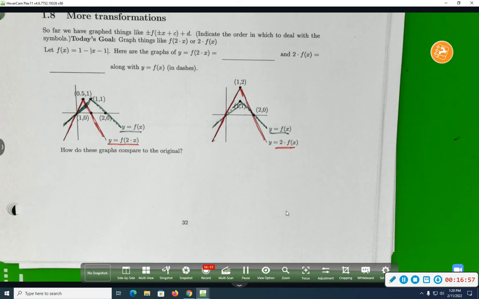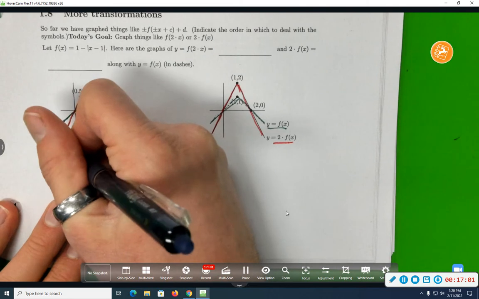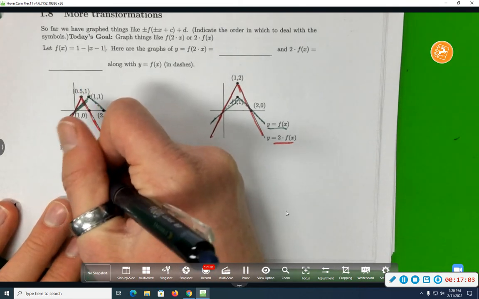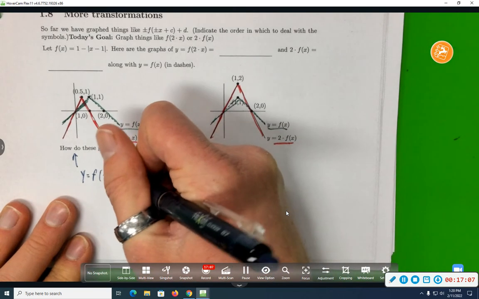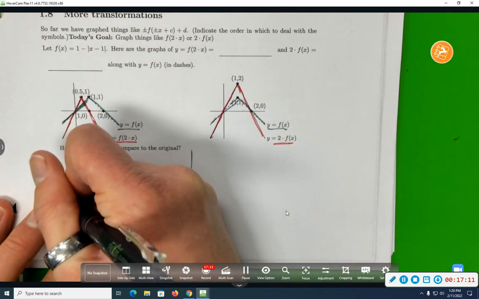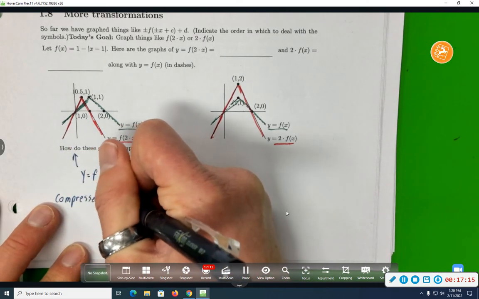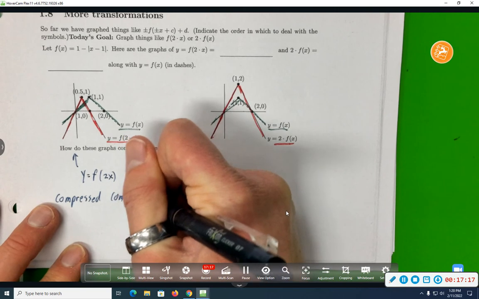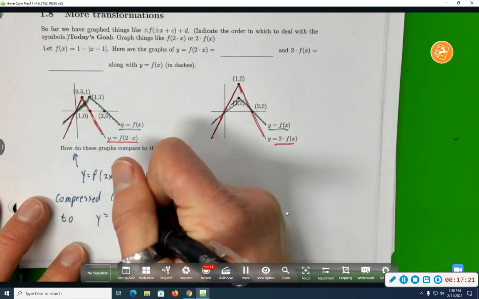So, it looks like y equals f of 2x is horizontally compressed compared to y equals f of x.